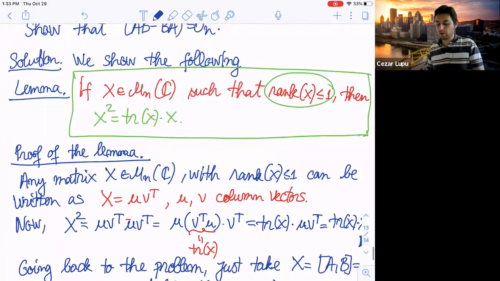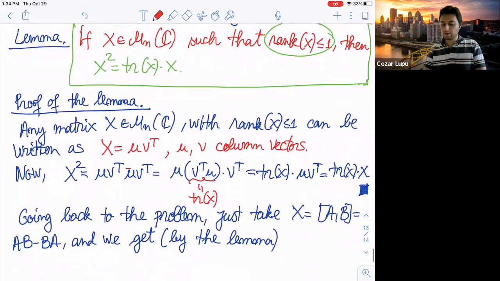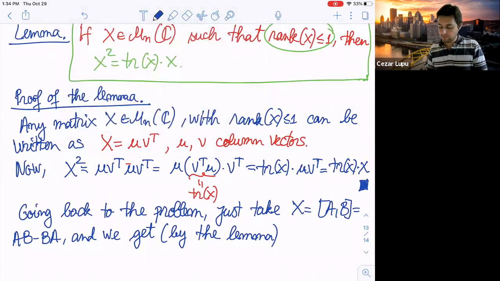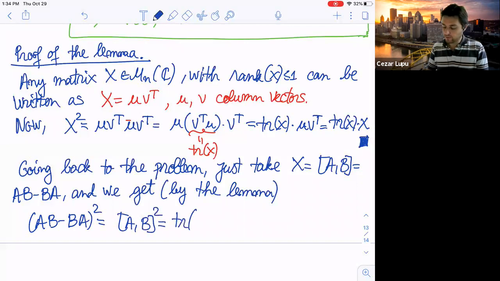Because look at the statement of the problem, we know that the rank is actually 1, so I can apply the lemma. It follows that the bracket squared, AB minus BA, everything squared, will be nothing else than just the trace of the bracket AB times the bracket.